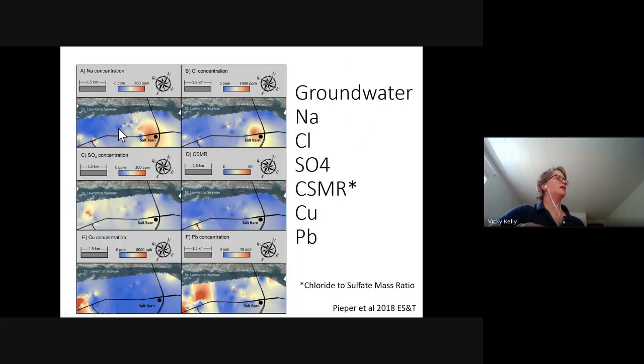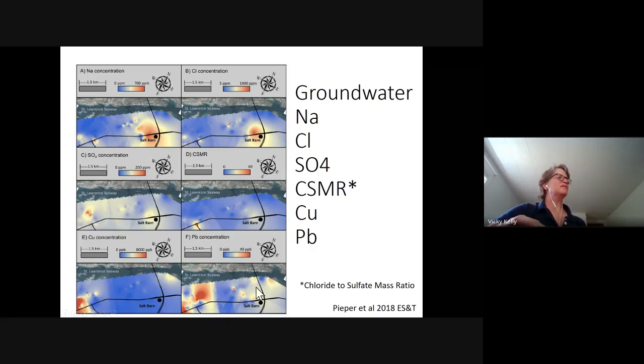So I'm going to point out these top two panels of this graph. So here's the salt barn, and you can see that, in fact, the sodium concentration and the chloride concentration in the groundwater around the salt barn is indeed high. But then if you look down here on the bottom right, here's a panel that shows the lead concentration in the groundwater in this area.